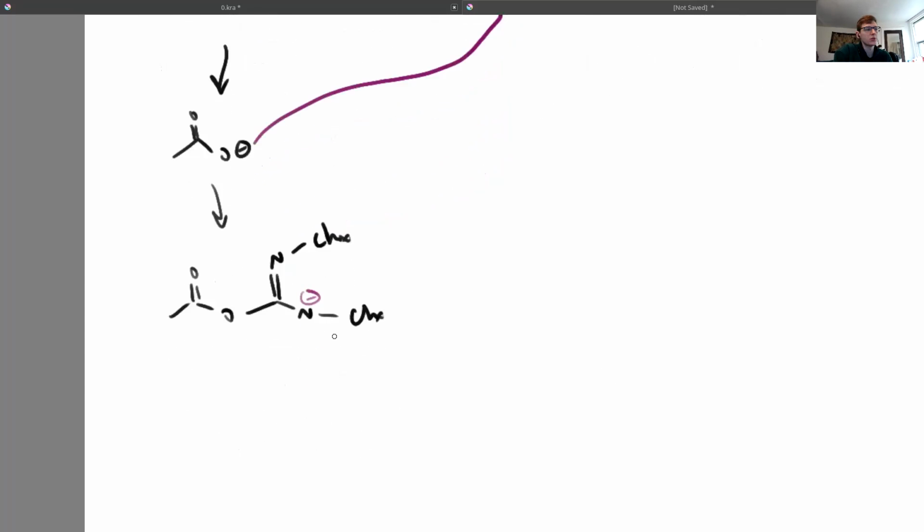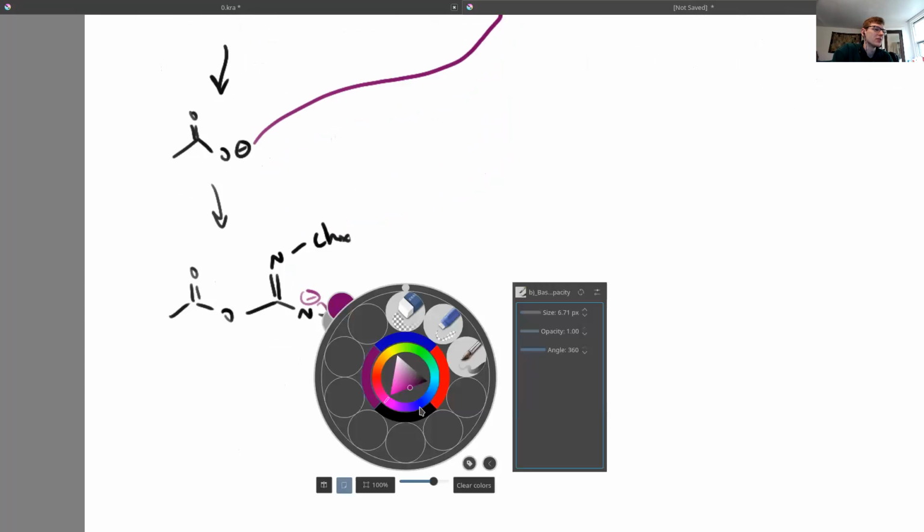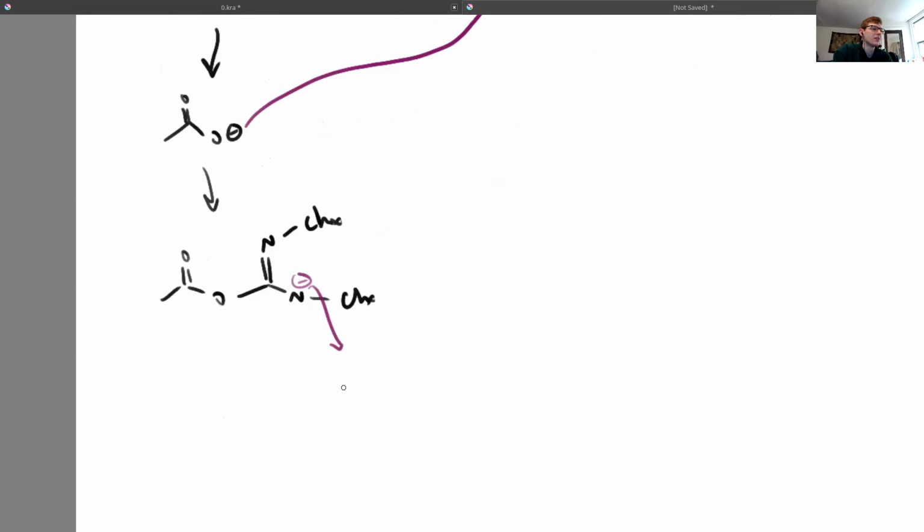Here's this minus charge, right? And then, well, we don't really like minus charges, so let's donate that to a water. Or use that to rob a water.